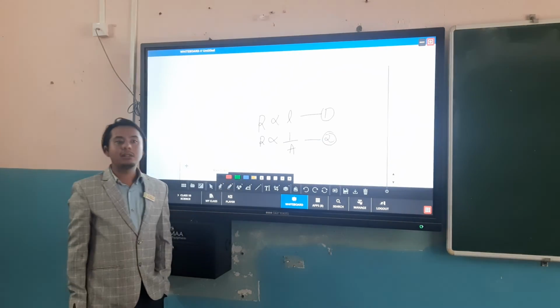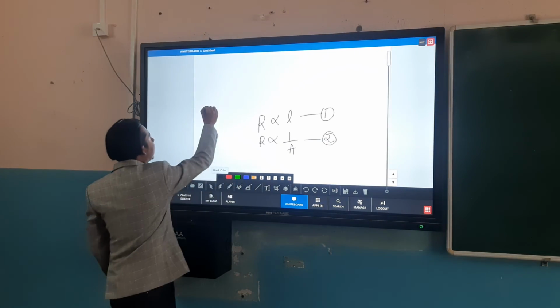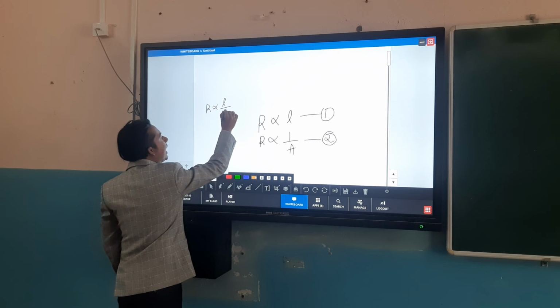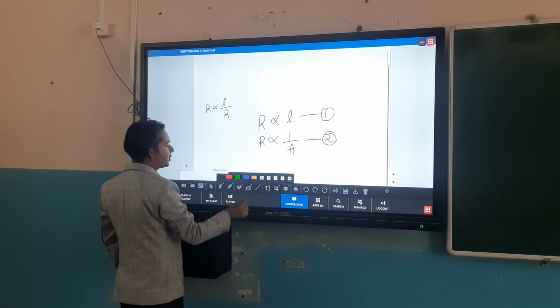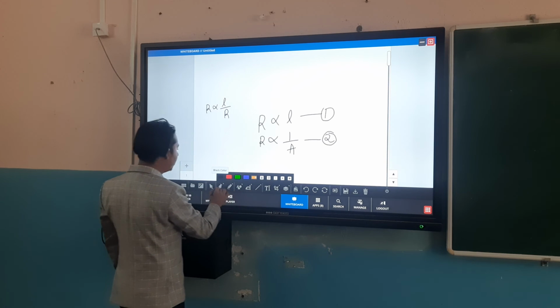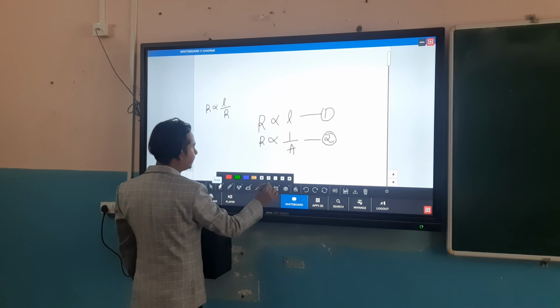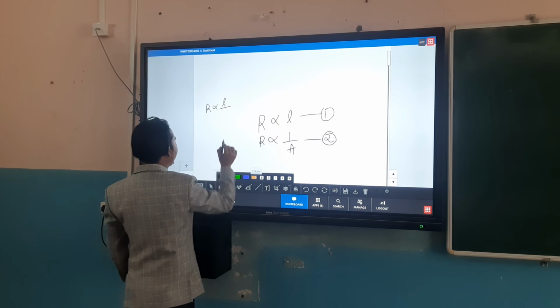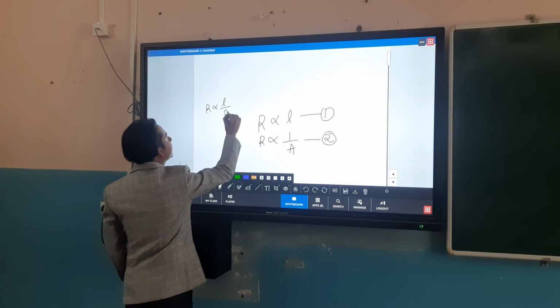If I combine equation 1 and 2 together, I can write that resistance is directly proportional to length and inversely proportional to the cross section area.